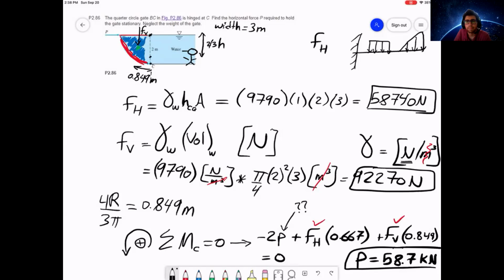At this point, if I tell you the height is 1.33 meters, you multiply gamma times 1.33 and you end up with the pressure value. If you do it for all points, you'll basically end up with the triangle with the maximum pressure at the bottom.